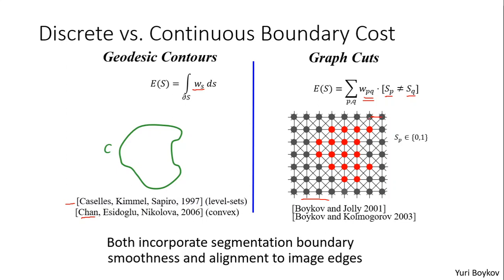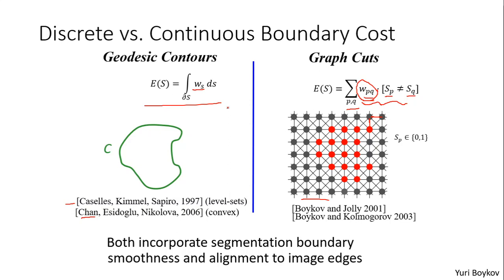But if we take these two, you can see the cut goes through that, because you can see the red and gray pixels are there, so the cut will go through that, and that will have a cost. So you see the edges that are severed contribute to the cost of the cut, and for those edges the WPQ is considered and added into the cut. So when you take the cut, the cost of the cut corresponds to this kind of cost along the path. So that's very similar.